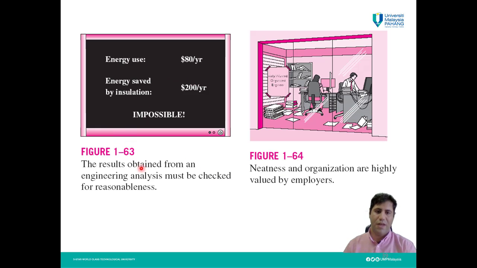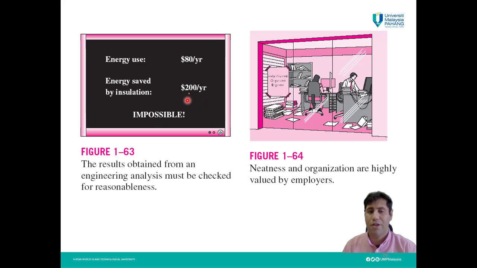Here is another example of how you can check your answer. For example, the energy used for a house is $80 per year. After some manipulation, for example using insulation material for the house, you calculate the energy used for that house. Finally, you reach this line: energy saved by insulation is $200 per year for that house.